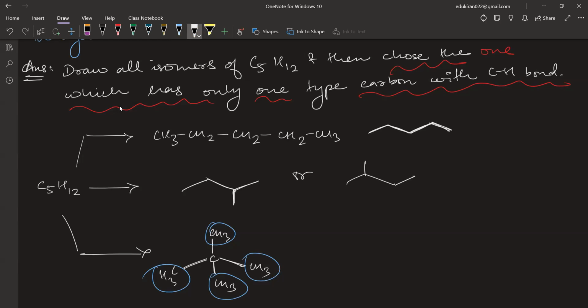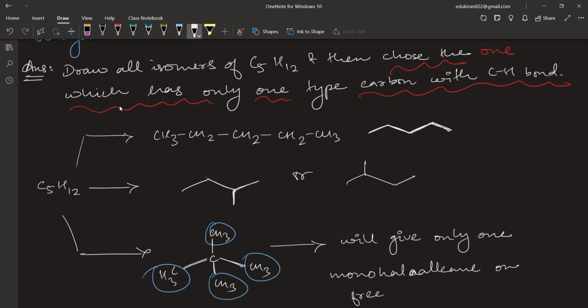That is why we can say this will give only one monohaloalkane on free radical halogenation. Clear everyone? Yes or no?